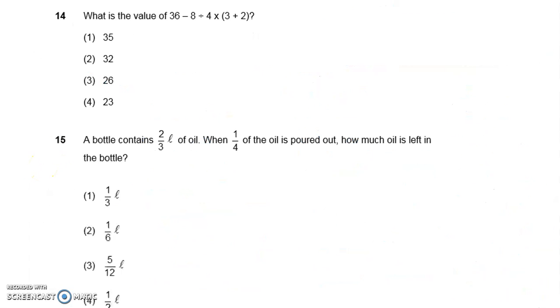Let's move on to question 14. What is the value of 36 minus 8 divided by 4 times brackets 3 plus 2 brackets? Okay, so we know the acronym for this is BODMAS. Okay, so which one do we do first? We are going to do the one in brackets first. So everything remaining the same.